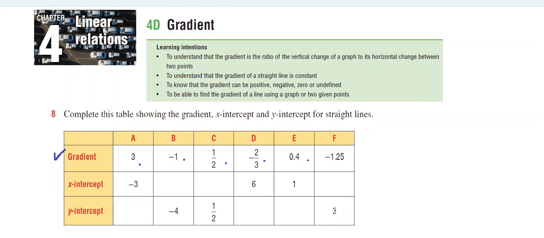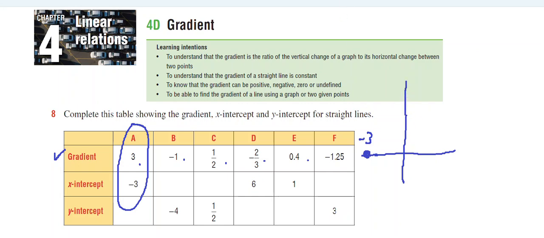You can do it by a graphing method. If I show you example A in a graphing method, I know my x-intercept is -3, and I know my gradient is +3. So if I was to come across 3, I need to go up 3 times 3, up 9.